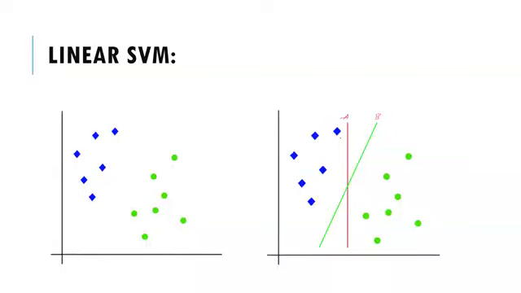We have two lines here, and both the lines are separating the data, right? Both the categories. But what do you think? Which one would be a better separator, A or B? Anyone? Which one would you choose?